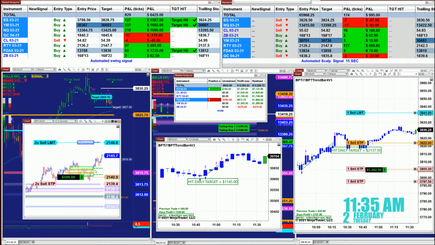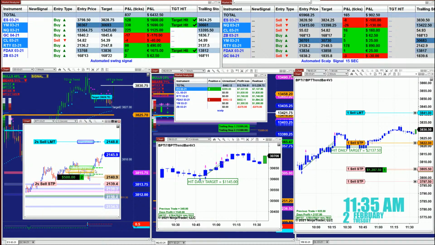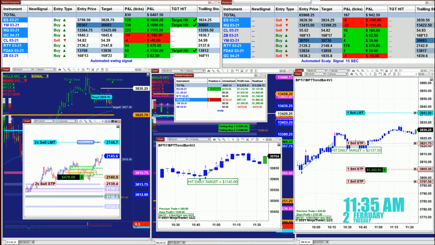The reason is the trades are small when it goes the opposite direction. Not too many trades, because it's only taking a re-entry trade in one direction.